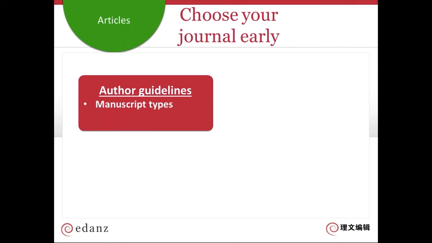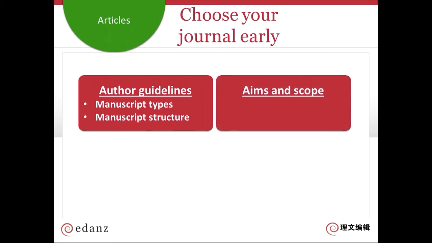Those guidelines will say what manuscript types the journal accepts and how to structure content for each type of manuscript. Not only this, but the guidelines also tell you the aims and scope of the journal. So, make sure the content of your manuscript matches the topic and the readership of your target journal.